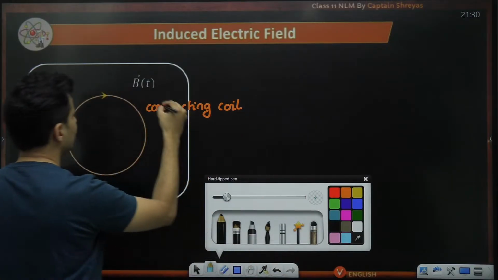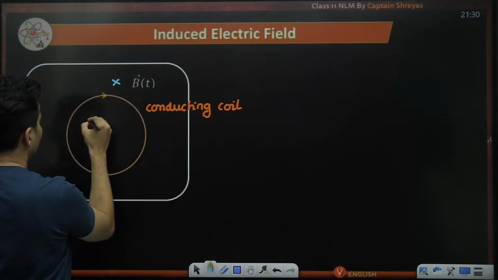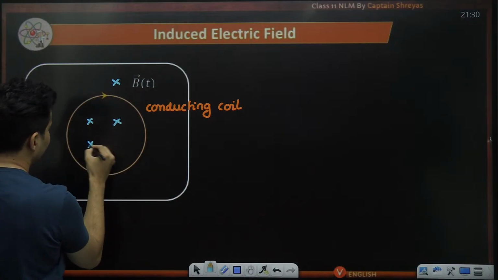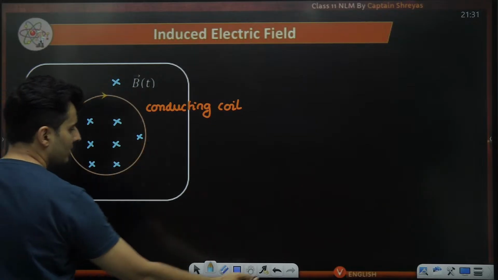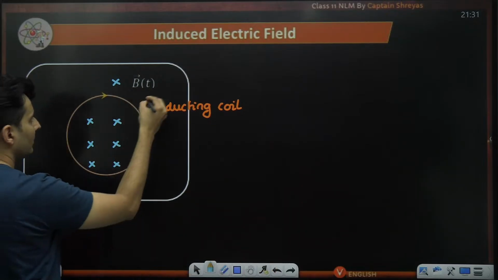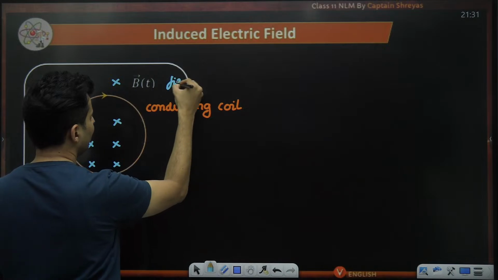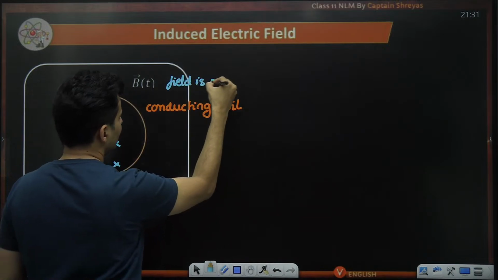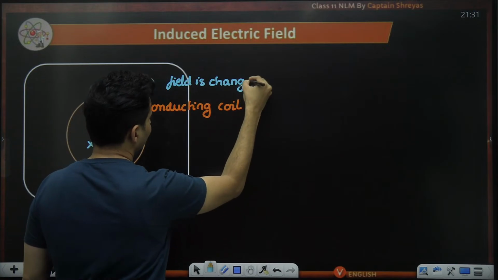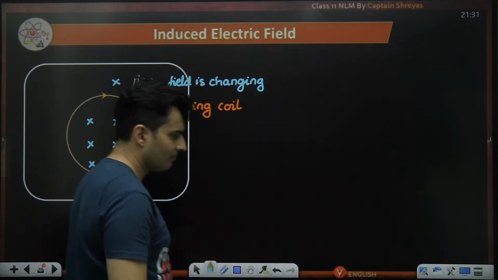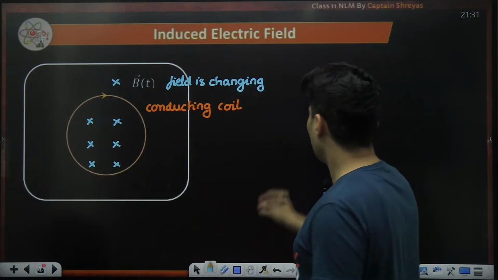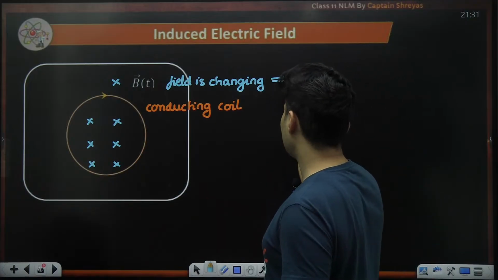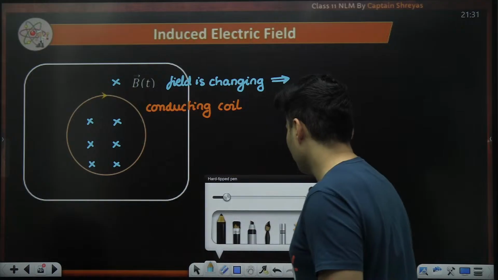And let's say there is some magnetic field which is over here. This field is changing. Okay, fair enough. Now, because this magnetic field changes, what will happen?